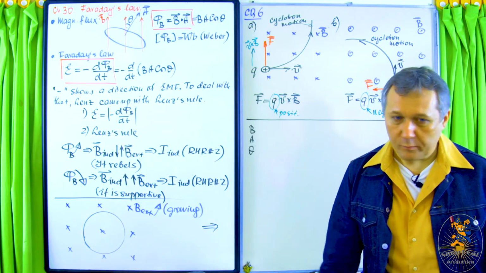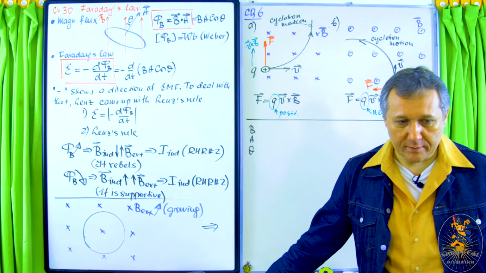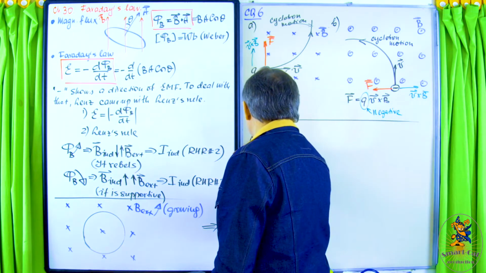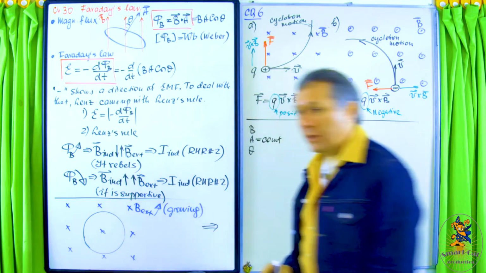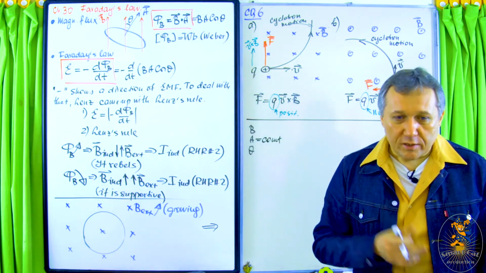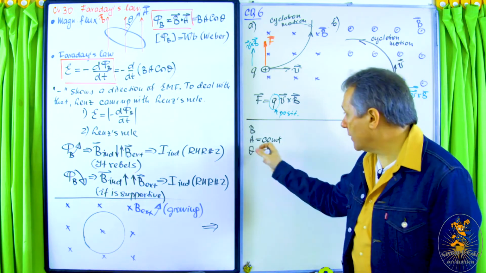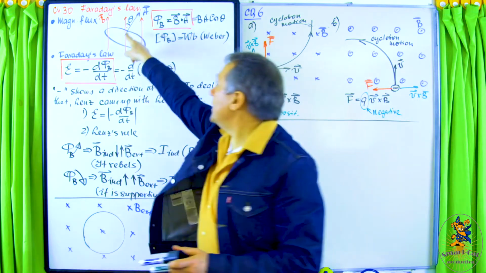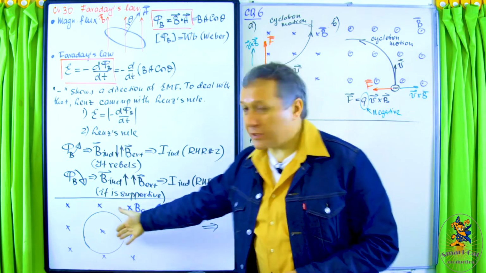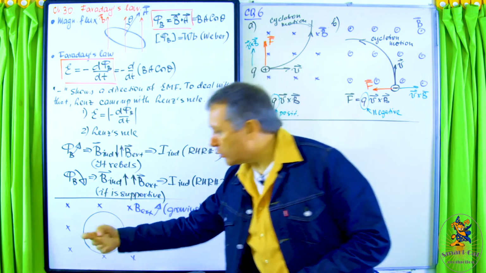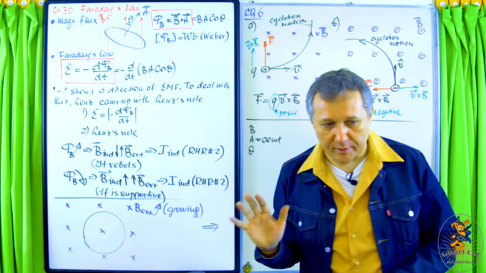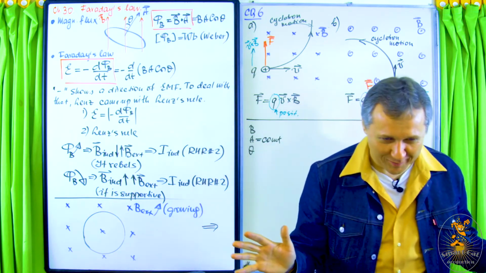Area. We don't change the area of the loop. It stays the same in this situation, so area is constant, so it is not going to change the magnetic flux. Then angle, the angle between B and A. The area vector, of course, is up to you. You can point it either out of the board or into the board. I usually align it in the direction of the external magnetic field to make the angle 0 all the time.